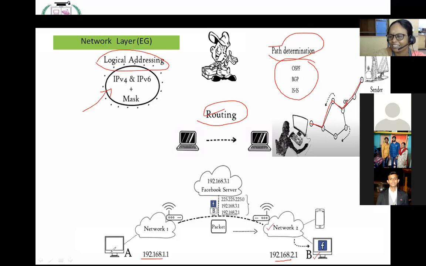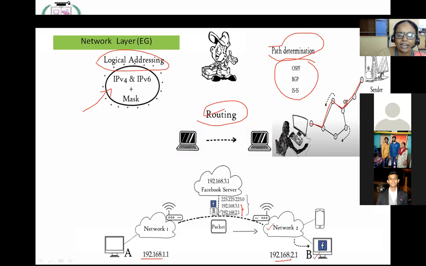A very simple example they were telling: if this network is accessing the Facebook server, the Facebook server automatically receives the address, such as 192.162.2.1 and 3.1.